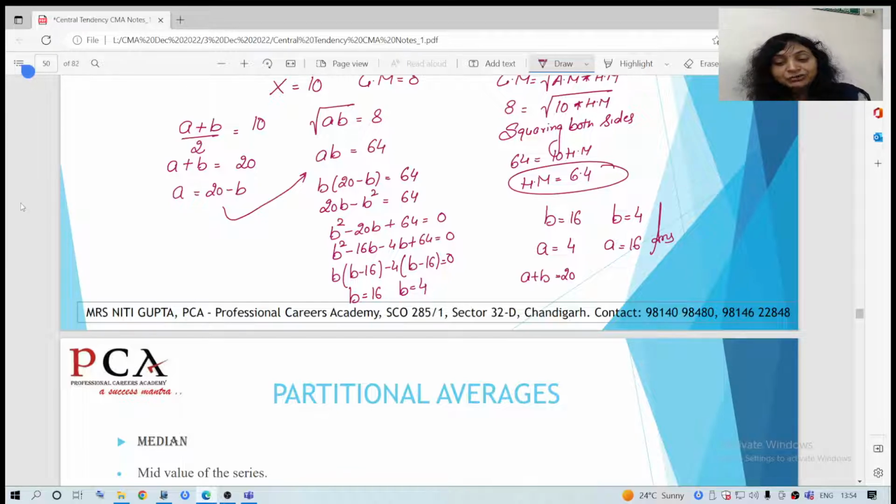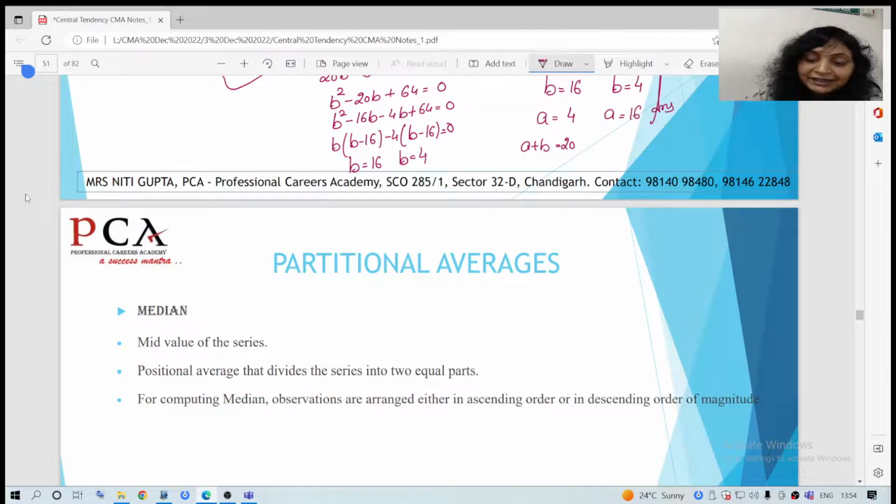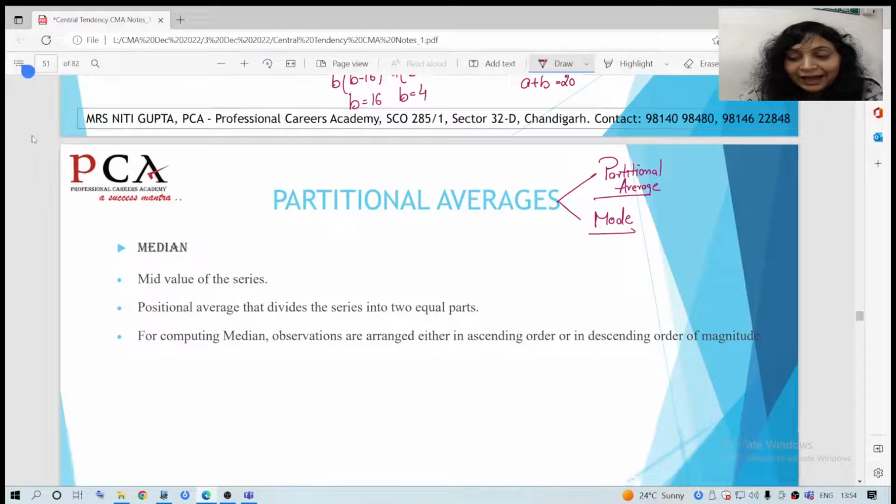So the average which is based on the position of items in the series is called positional averages. And we have divided it into two parts: one is partitional averages and the second one is mode. So let's discuss all these averages.